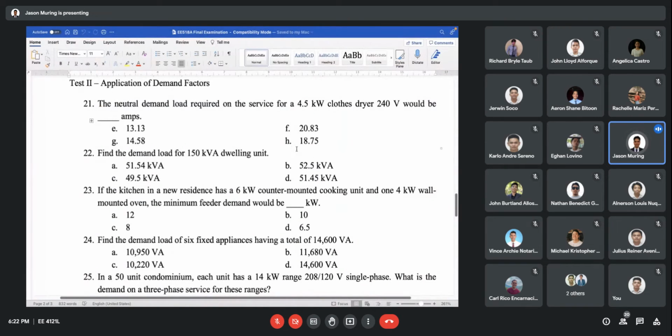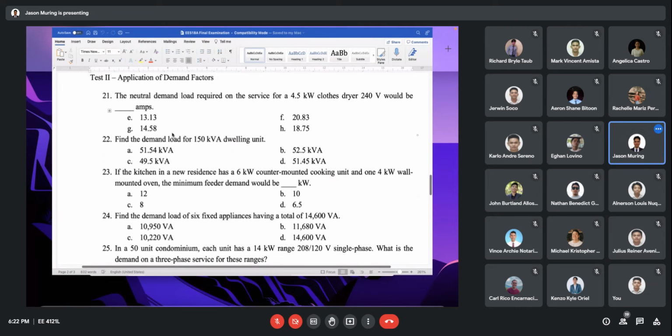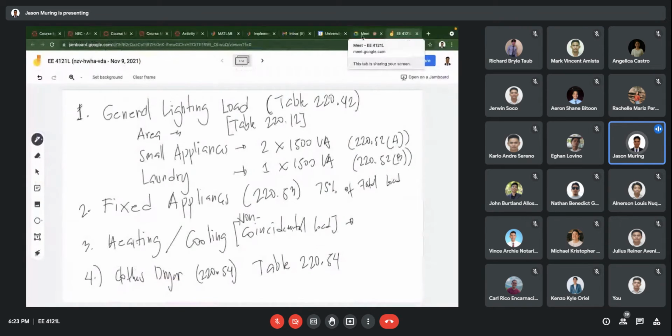Then if you also remember to apply 70% because of the demand factor, I multiply 18.75 by 0.7 and get 13.13. That also appears in the choices, but this is not the answer. That's how tricky or deceiving the questions in the board exam sometimes are. So you have to be careful.